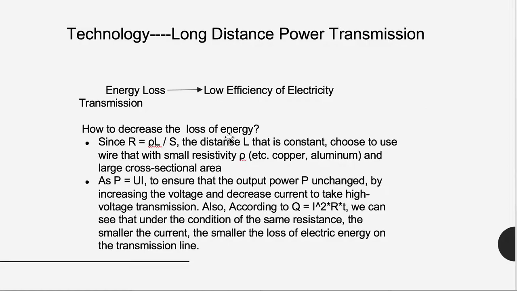Since R equals rho L divided by S, and the distance is constant, we should choose a wire with small resistivity rho and a large cross-sectional area. Furthermore, as P equals UI, to keep the output power P unchanged, we increase the voltage and decrease the current, using high voltage transmission.